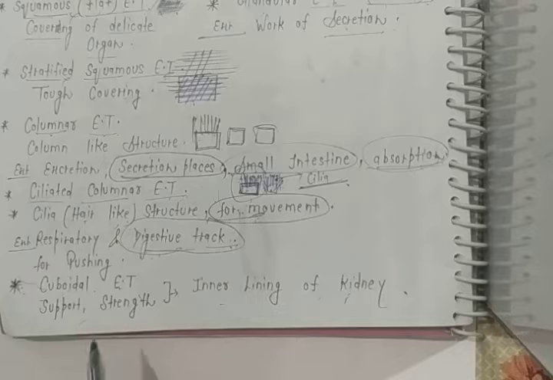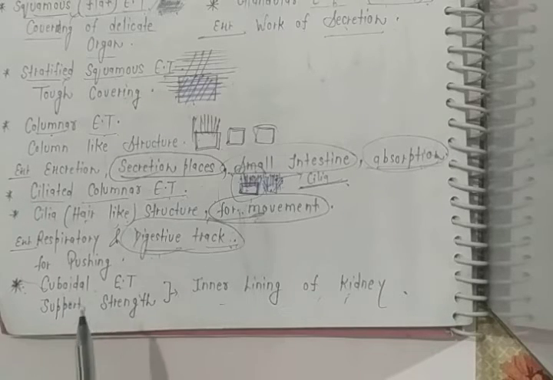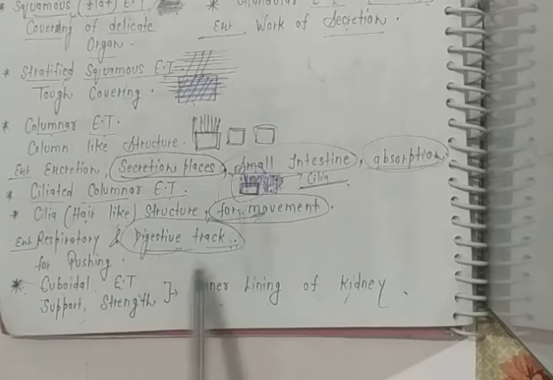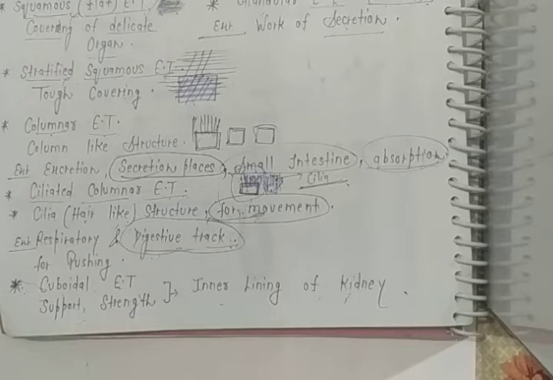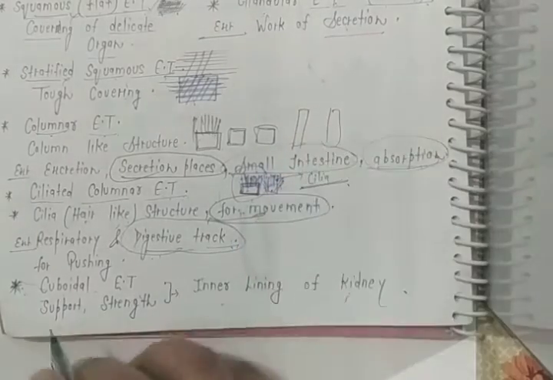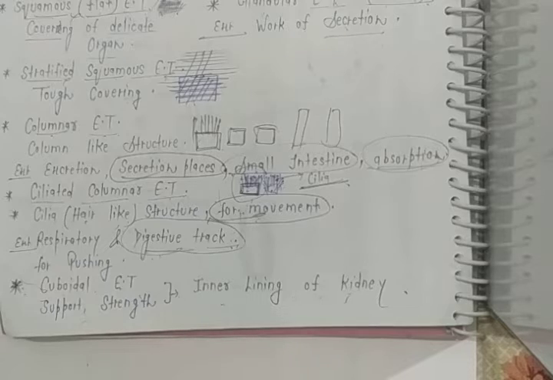That's why. The next type of epithelial tissue is known as cuboidal epithelial tissue. It means here cubes will be present, whereas before, columns were present. Mainly, cuboidal epithelial tissue is for support and strength.